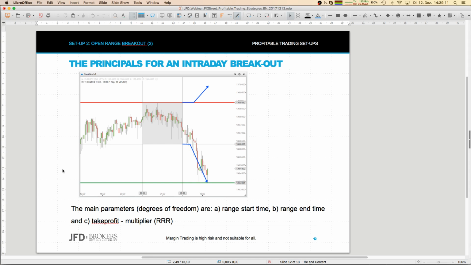But now the question is, what are the best parameter settings for trading that kind of breakout strategy? What I do here personally is I go more or less brute force. So I go for 10 years history, and I try everything. 6 o'clock until 8 o'clock, 6 until 10, 6 until 12, whatever.